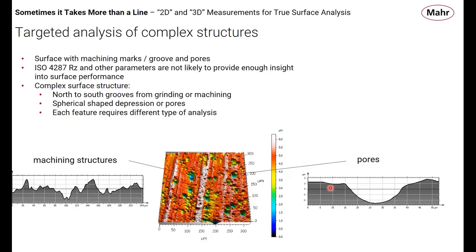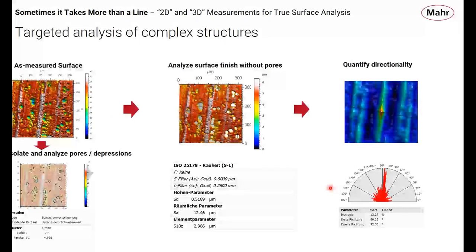The porosity, those indents, need to be quantified somehow differently outside of ISO 4287. And in order to quantify the machining structures according to ISO 4287, we need to get rid of the pores. So there are two different topics here in terms of this complex structure. So there are two tasks that we have, and I'm going to do those two tasks on this slide.